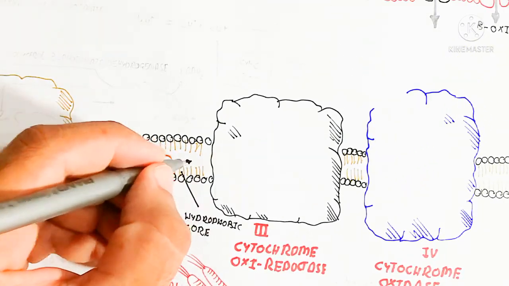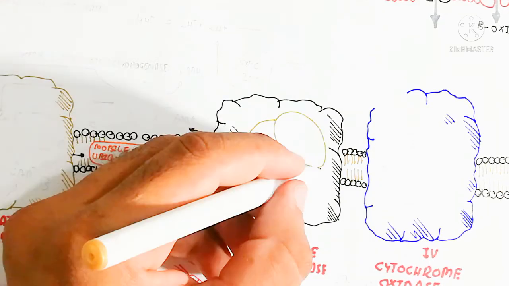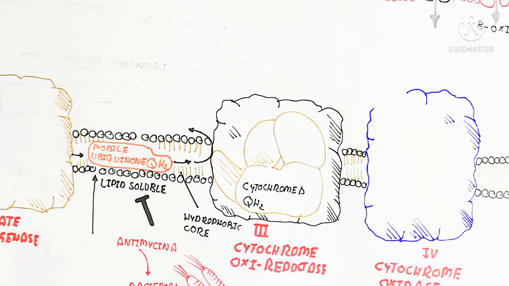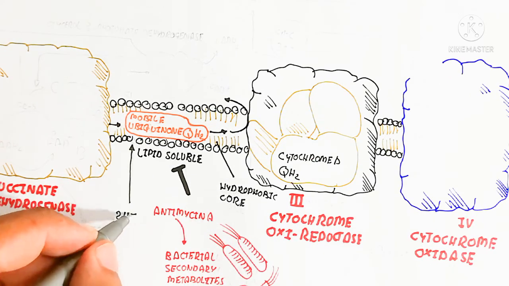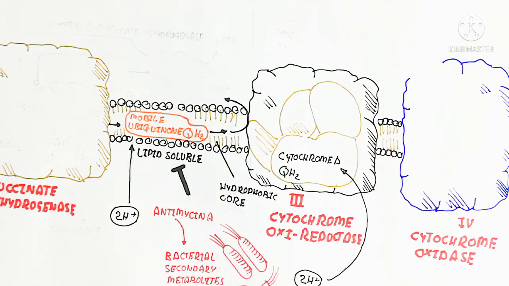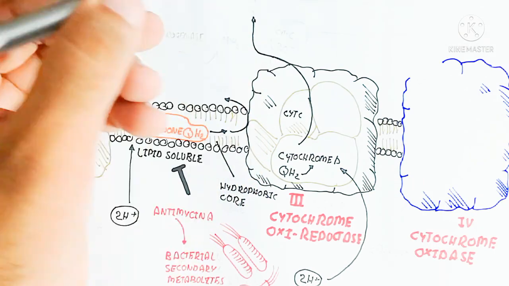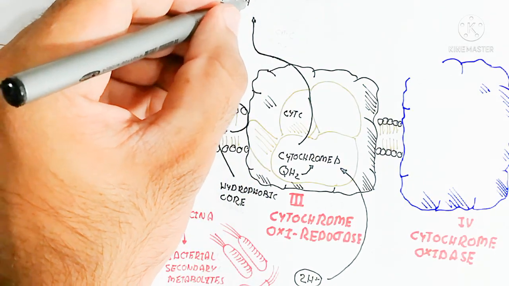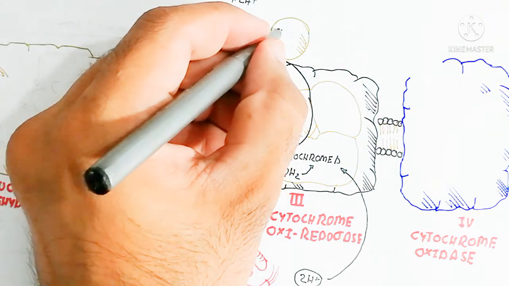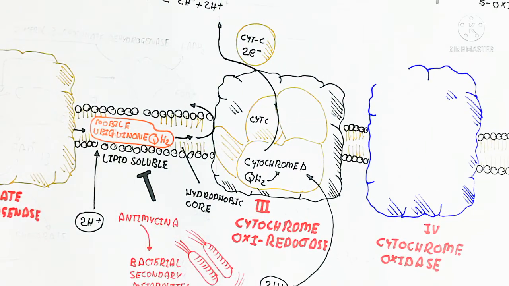So after the donation of the electron to the cytochrome oxidase, it means oxidation, while it is also used for reduction. Why? Because cytochrome B will be reduced, and basically here 2 protons will be accepted, and these 2 protons are pumped out. It means in this phase only 2 protons will be pumped out by this mechanism. Why? Because the loss of energy is too much in this electron mechanism, and cytochrome C will be reduced.